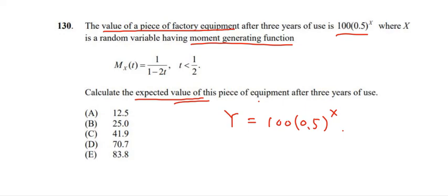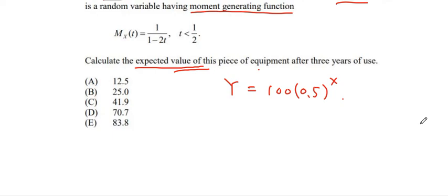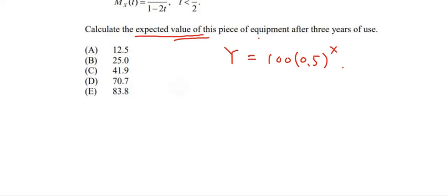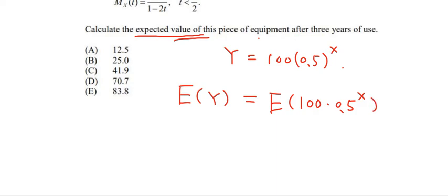So x has this density function, and we want to find E[y]. E[y] is 100 times the expectation of 0.5 to the x, so we can take 100 out.